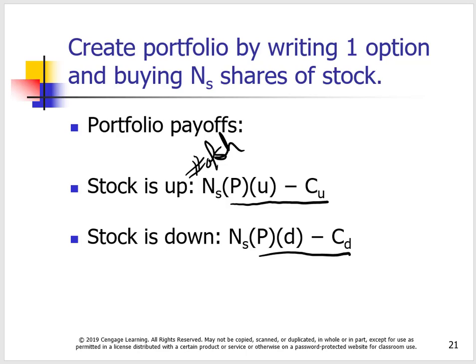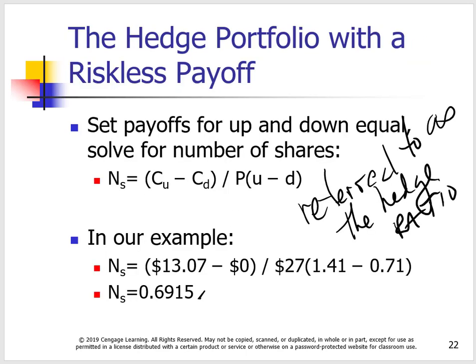If it goes down, again, it's the value of the option multiplied by the number of shares. So let's put this into the mathematical model. We want to solve for N_S. So that algebra works out. You don't have to do the algebra unless you have nothing else to do.